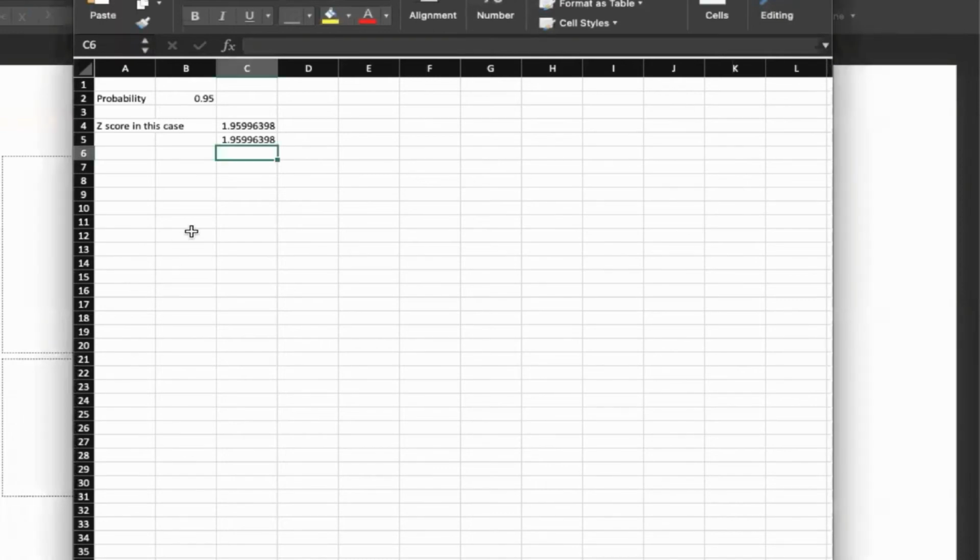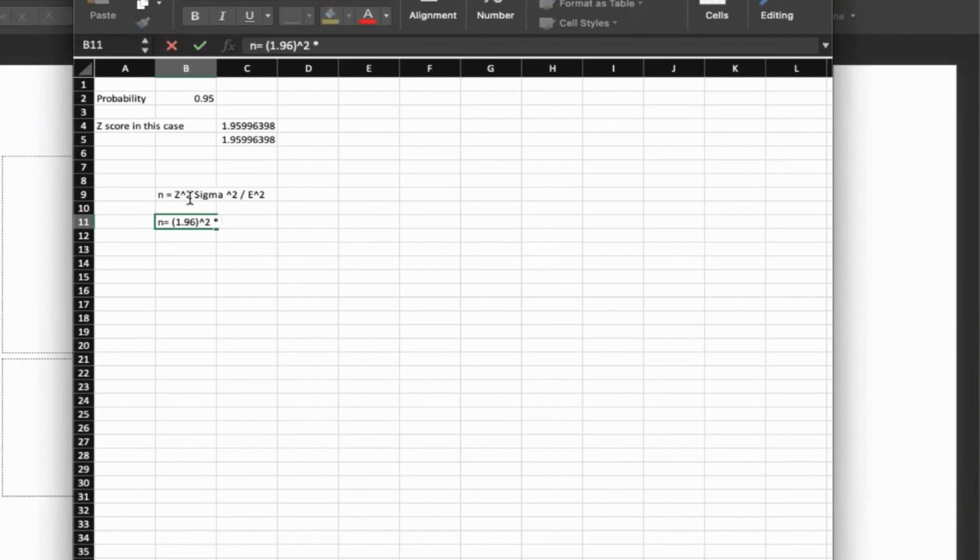Okay, so the formula is N equals Z squared times sigma squared divided by E squared. So now N equals 1.96 squared times sigma squared.